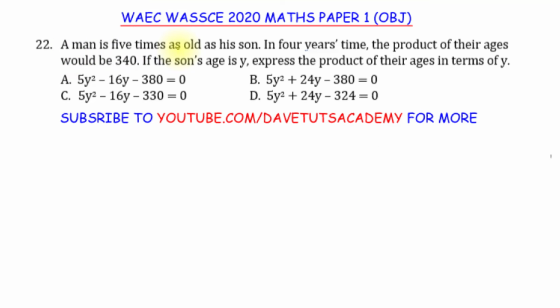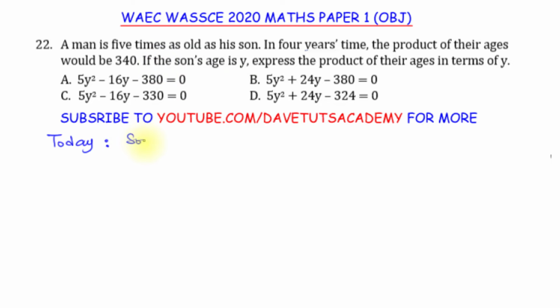A man is 5 times as old as his son. In 4 years' time, the product of their ages would be 340. Now, if the son's age is y, we have to express the product of their ages in terms of y. So we have 2 case scenarios that we need to look at here. First, in the present age, notice that we have been given that the son's age is y.